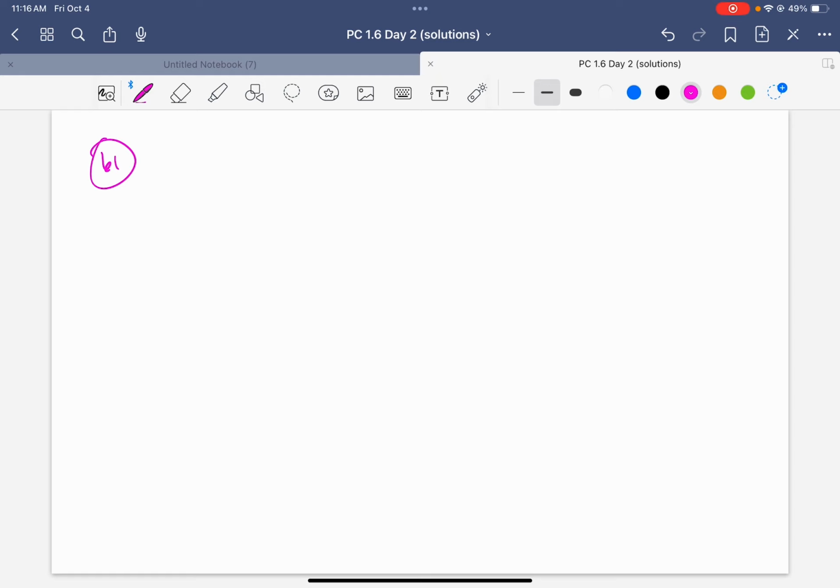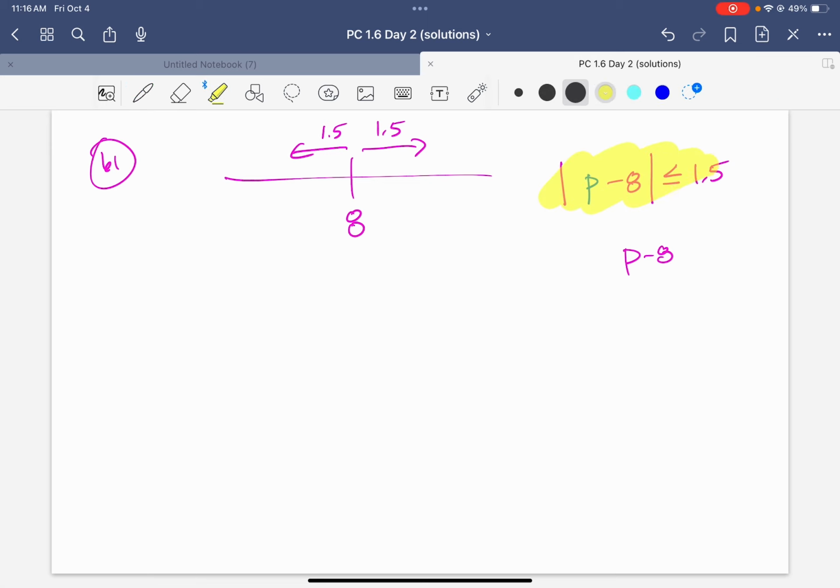Okay, the true proportion of people who give a favorable rating to Congress is 8%, with a margin of error of plus or minus 1.5. Describe it in absolute value. Then our proportion, p, minus 8% is within a margin of error less than or equal to 1.5 on either side. So this is your answer.